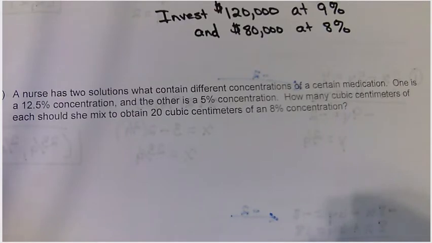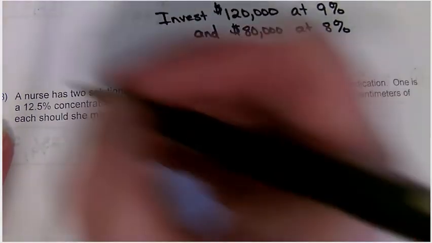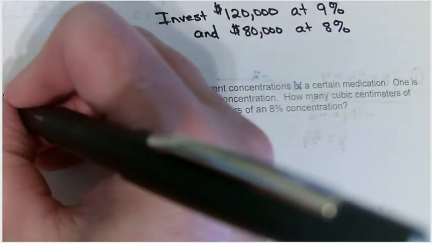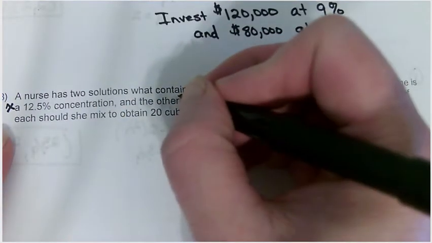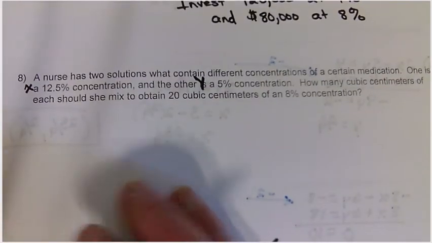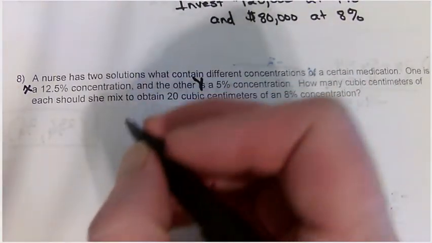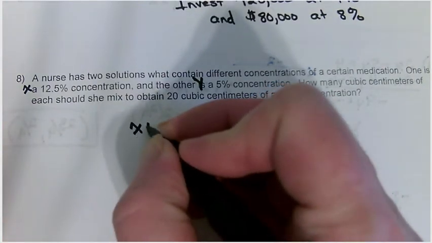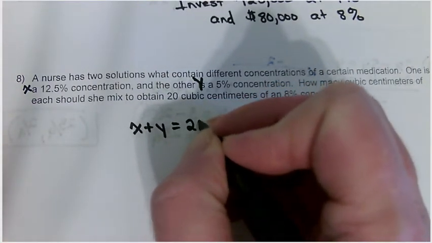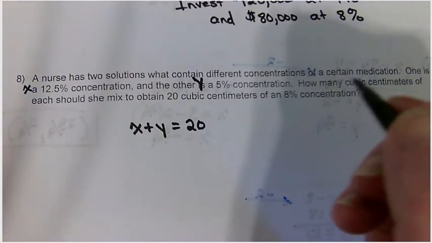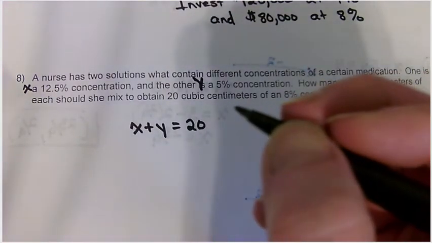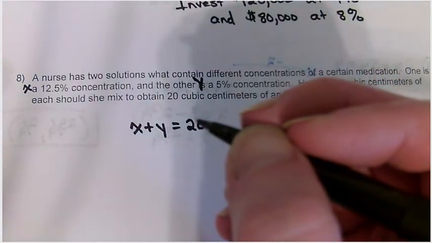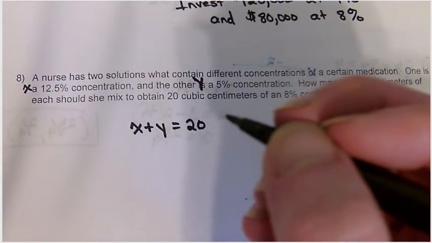So let me make this one X and this one be Y. Okay. The total amount is 20 cubic centimeters.